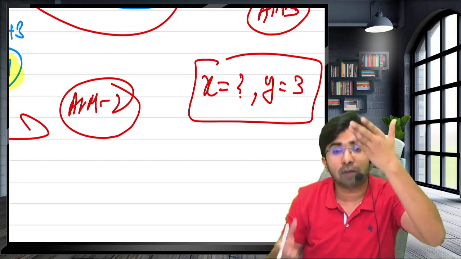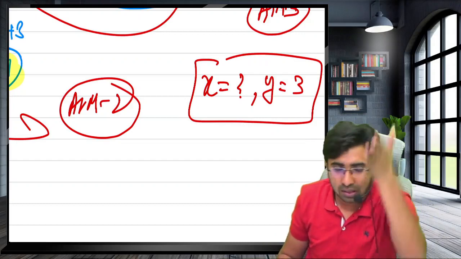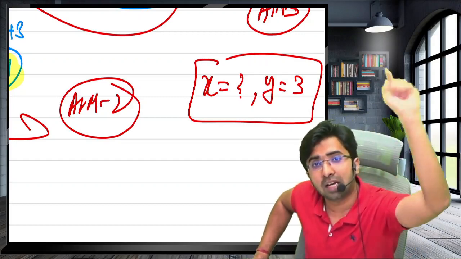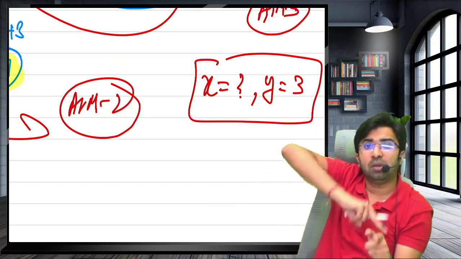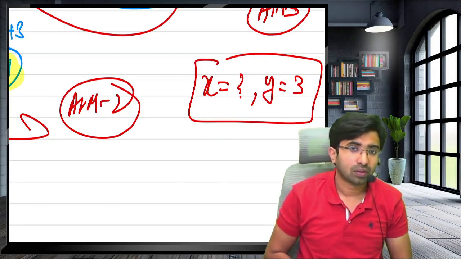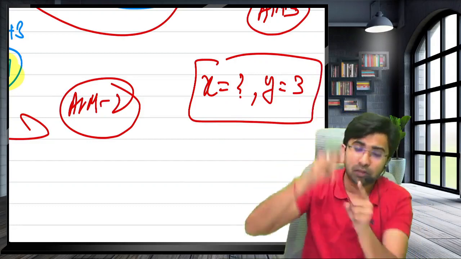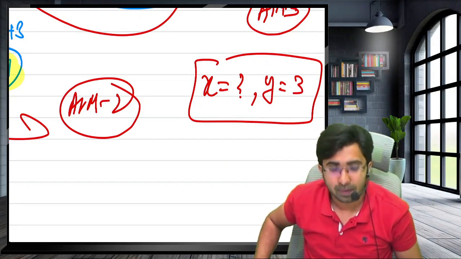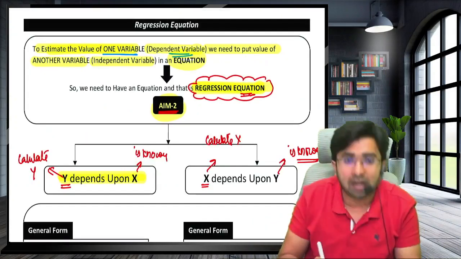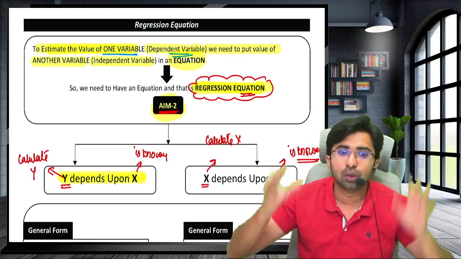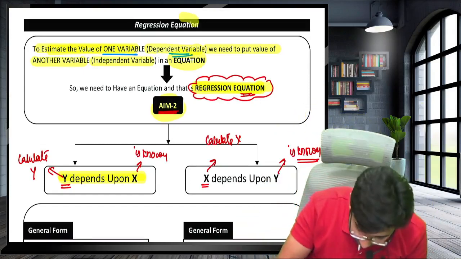But if I do not give you the equation, can you calculate the value of x? Can I say my final aim number 3 is dependent on the regression equation? That is your aim number 2, because without aim number 2, I cannot achieve my final aim number 3. That's why we are understanding the new aim, aim number 2, the regression equation.